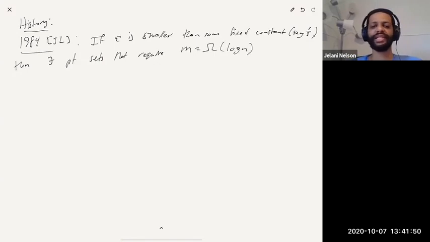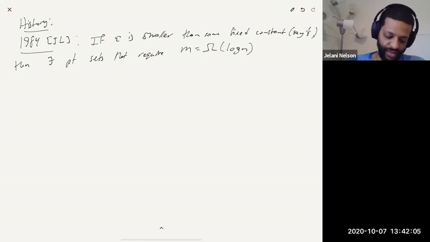So that argument is not sensitive to epsilon. Once epsilon is less than a third, you just get a lower bound of log n. If epsilon is 0.001, you still just get a lower bound of log n. It doesn't capture the hardness that comes from the epsilon.